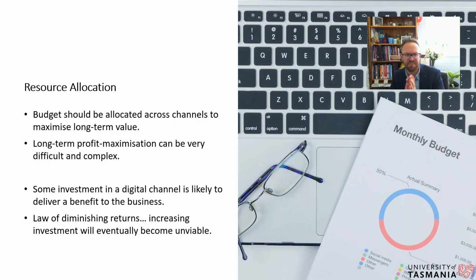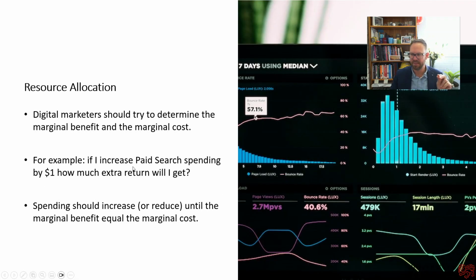So we need to factor that in. And the way that this works is a little bit complex, but I'm going to try and briefly cover it in this section here. So digital marketers should try to determine the marginal benefit and the marginal cost.